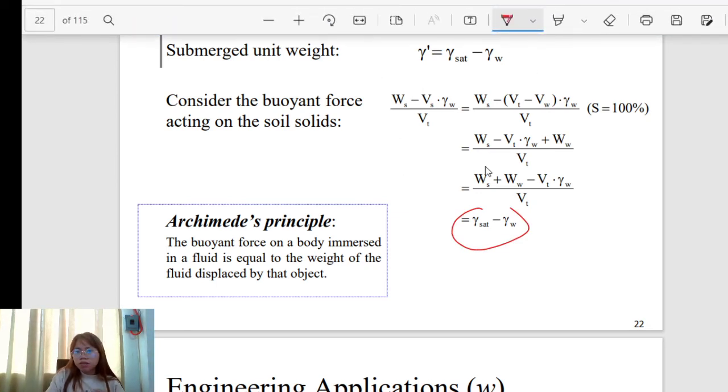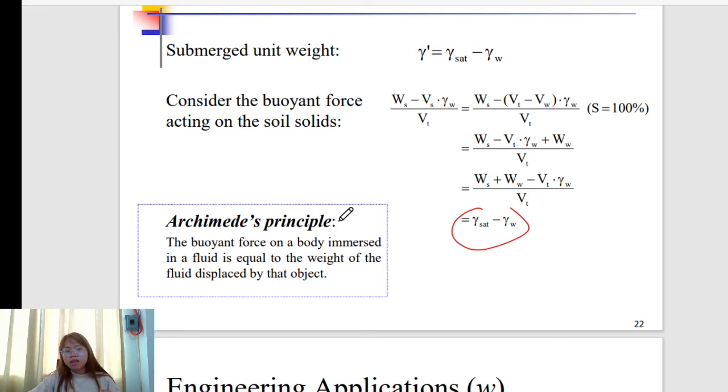This follows the Archimedes principle, which means the buoyant force on a body immersed in a fluid is equal to the weight of the fluid displaced by that object. All right.